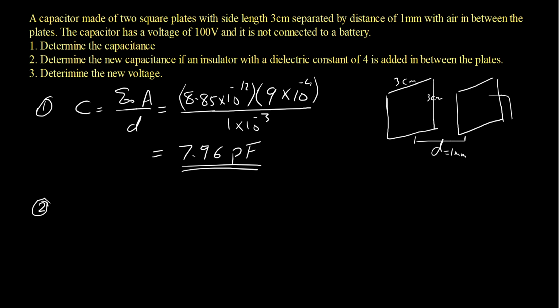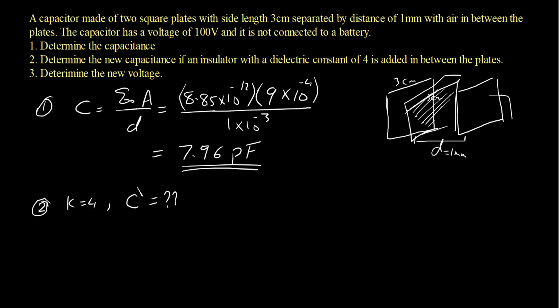All right, here's the game changer. So somehow we managed to insert a material between my two parallel plates with a dielectric constant equal to 4. Now I need to know the new capacitance of my capacitor.